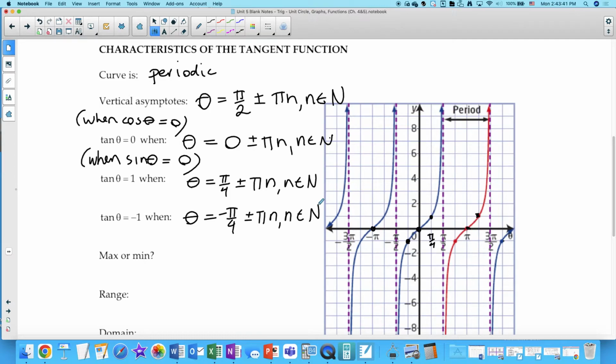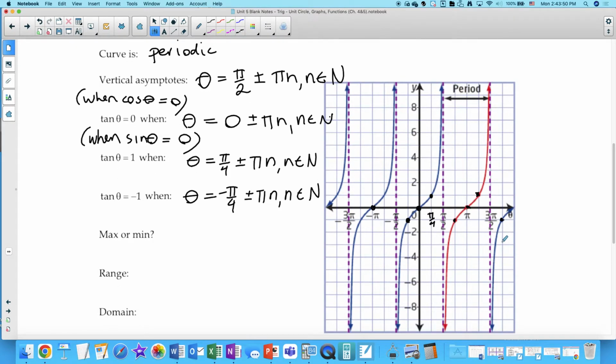Okay, so there is no max or min. Okay, the range is everything. There's an arrow going up, there's an arrow going down. So the range is y is an element of the real numbers. The domain is limited by these asymptotes.